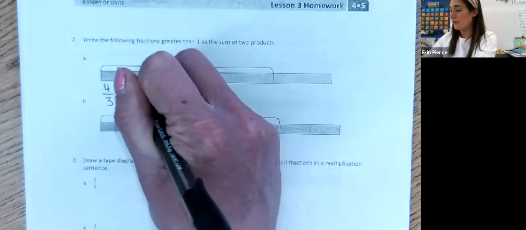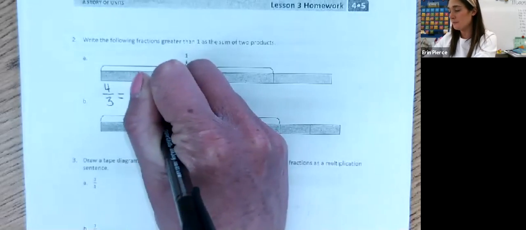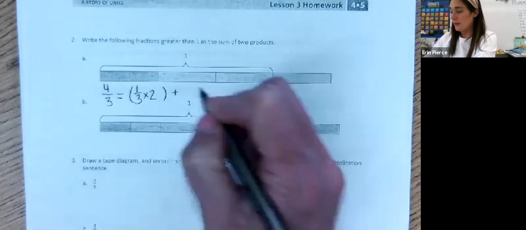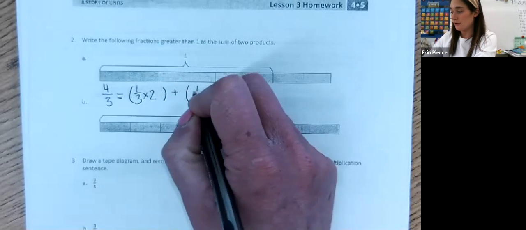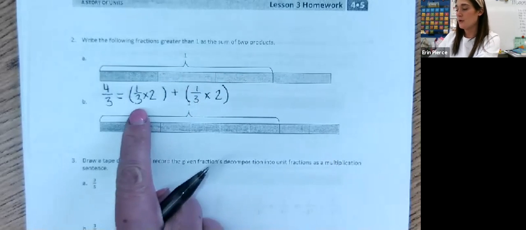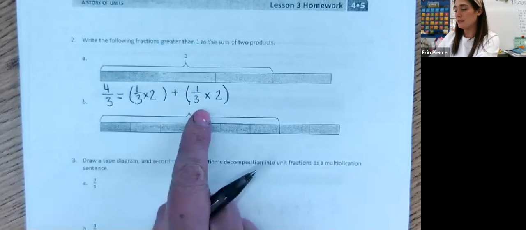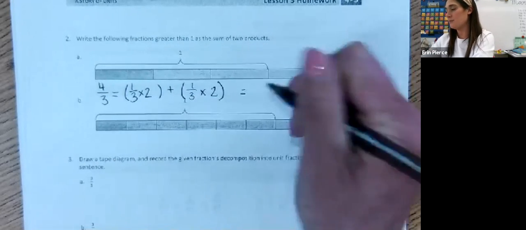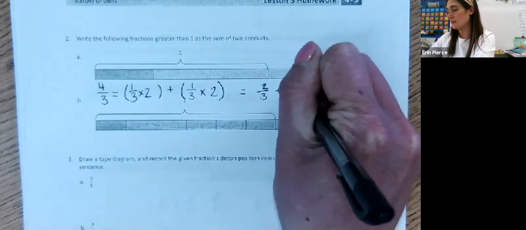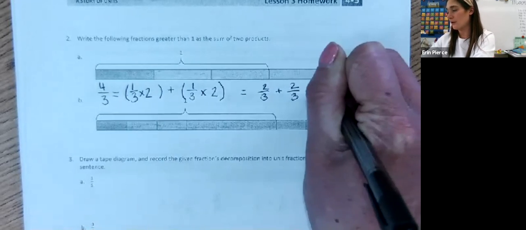I'm going to do 1/3 times 2, because that will give me 2/3. And then I'm going to also do 1/3 times 2 so that I can get 2/3 plus 2/3, because this is the same as me saying 2/3 plus 2/3 equals 4/3.